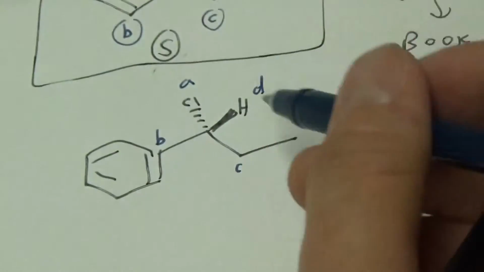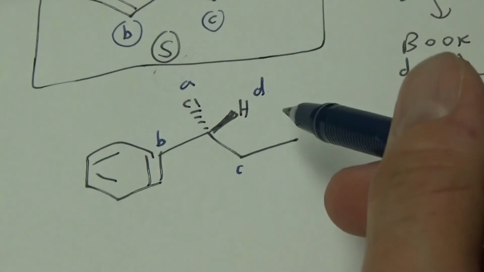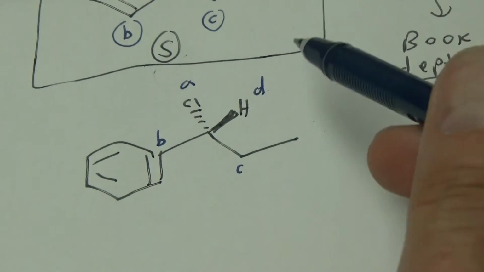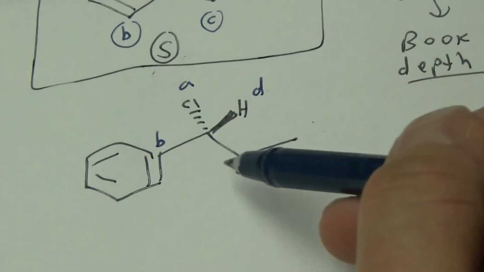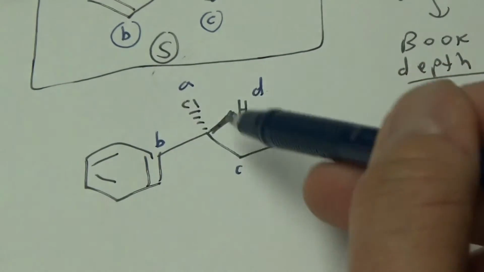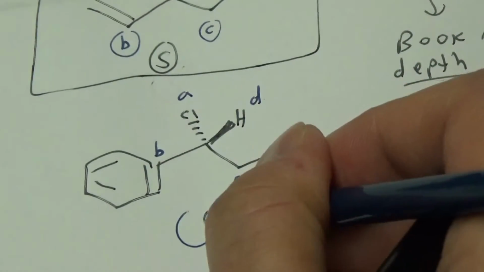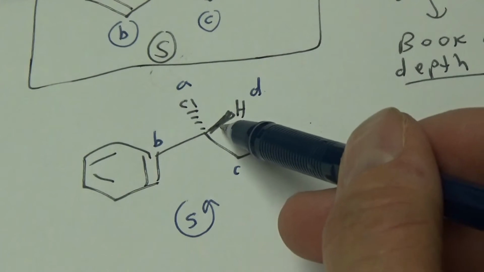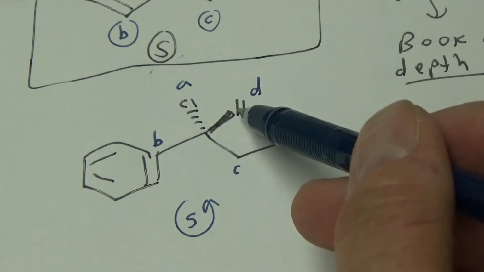And now you have to choose R and S. There's a couple ways to do it. One is that ABC seems to be going counterclockwise, right? And you might say, oh, it's S. But remember, since the H is coming towards us, it would be the opposite.